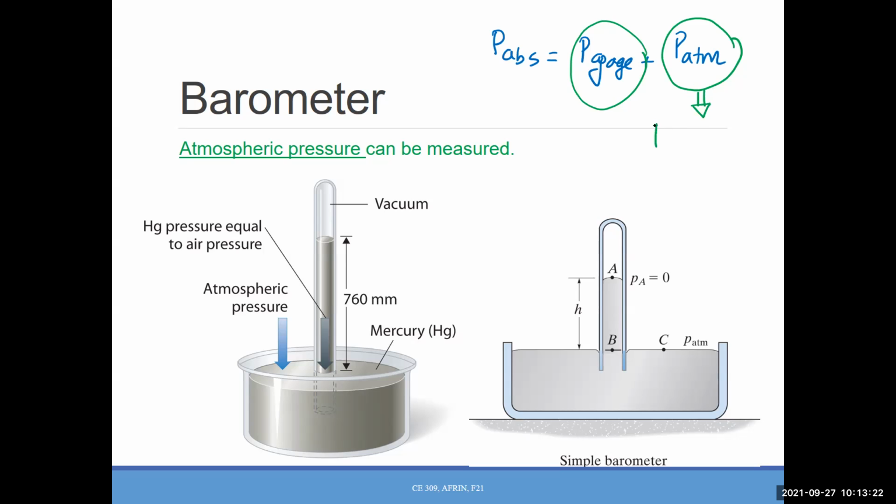For atmospheric pressure, we will use a barometer, and for gauge pressure, we will use a manometer. I think you already know a little bit about the barometer from your high school chemistry or physics. It can be used for measuring the atmospheric pressure.